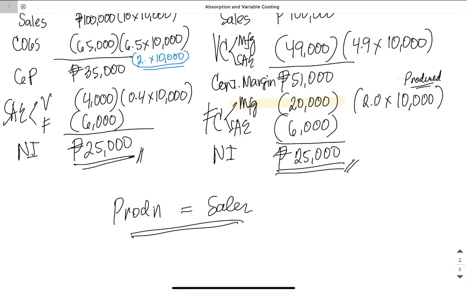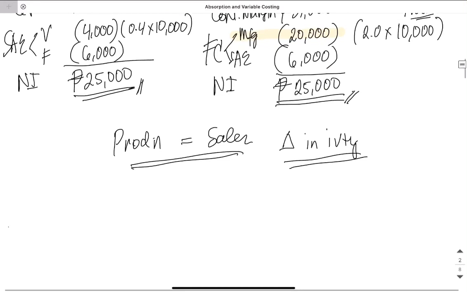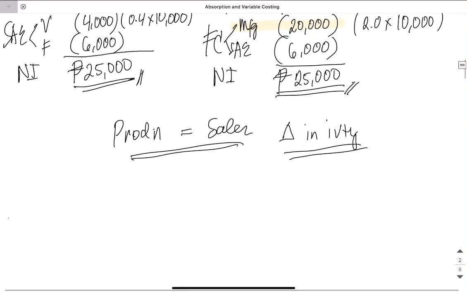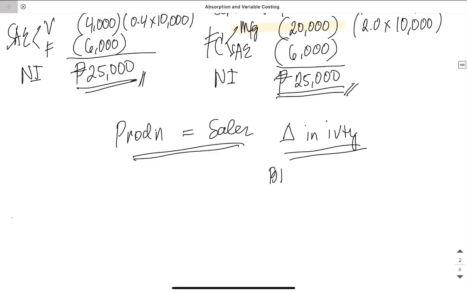Sorry, one more thing. For change in inventory, sometimes production and sales will not be given, but you can still compute for the change in inventory. Sir, how? You proceed to the inventory units themselves. You will be given the beginning and ending inventory.